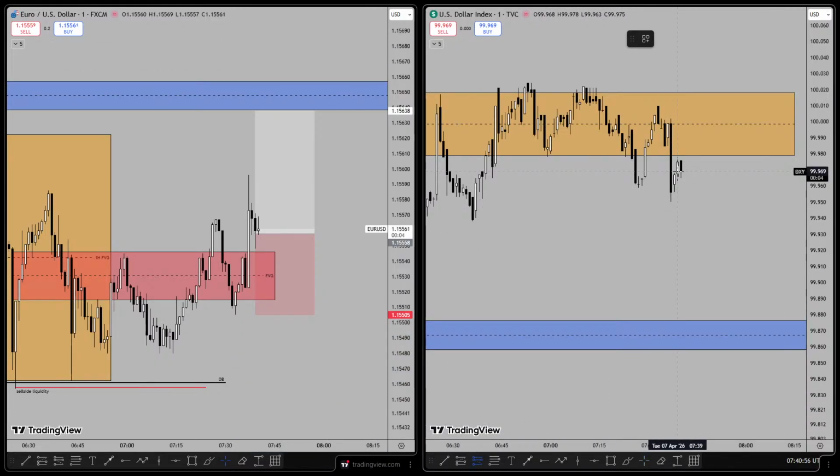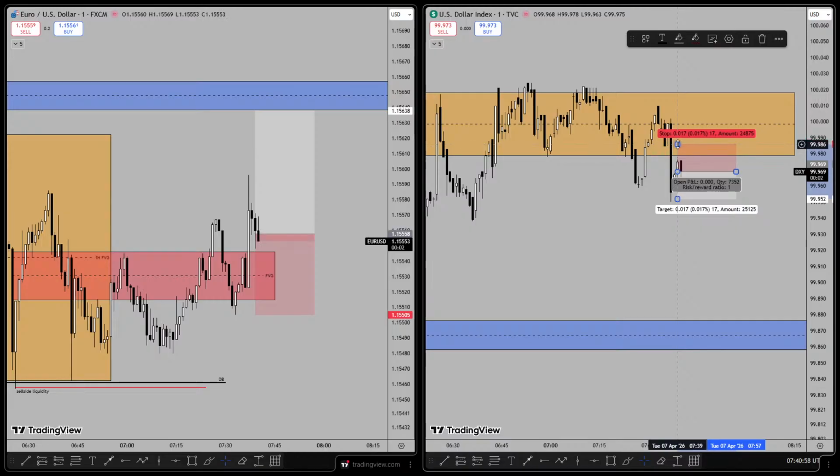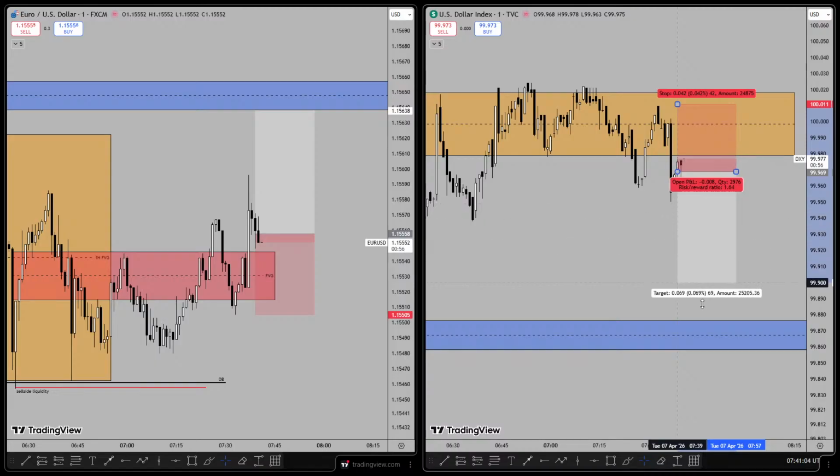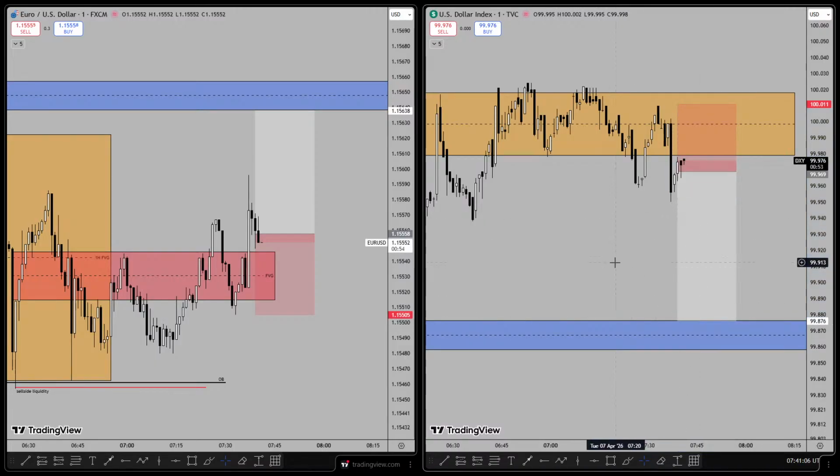On the dollar index, that should be the swing low, stop at the high, and our target is the first draw on liquidity.